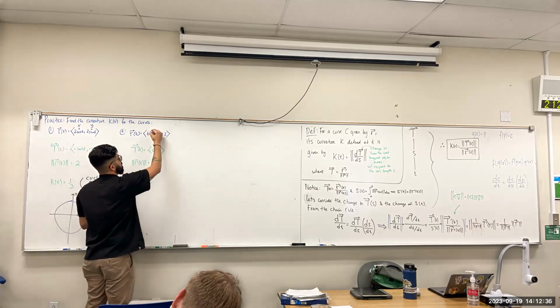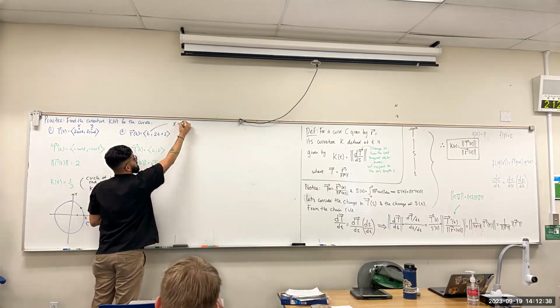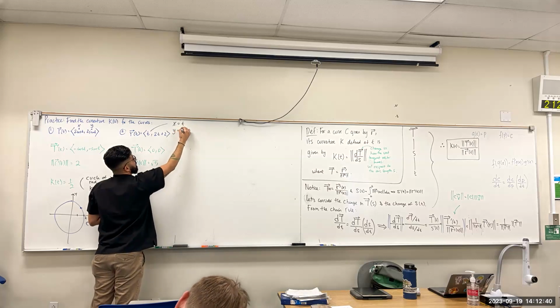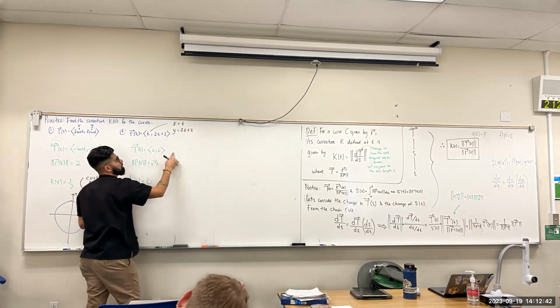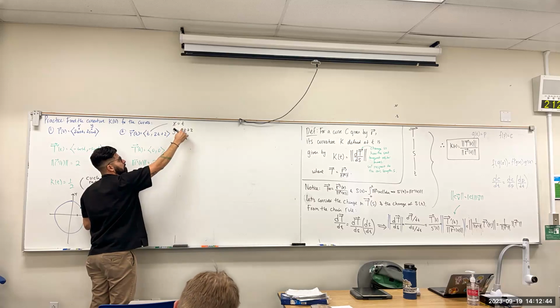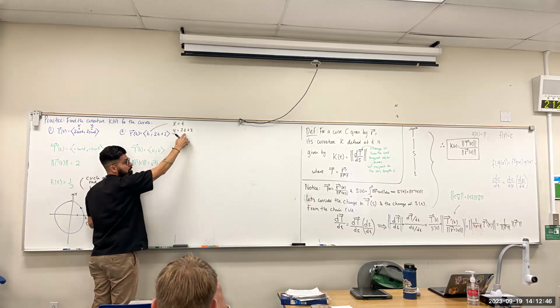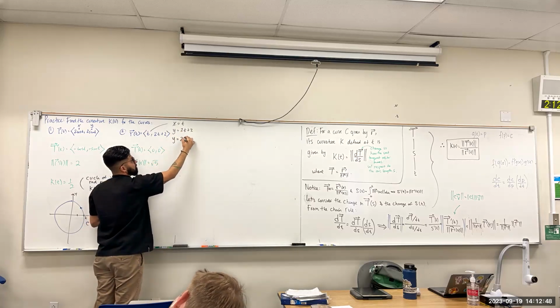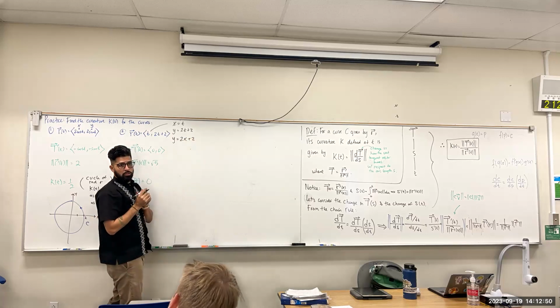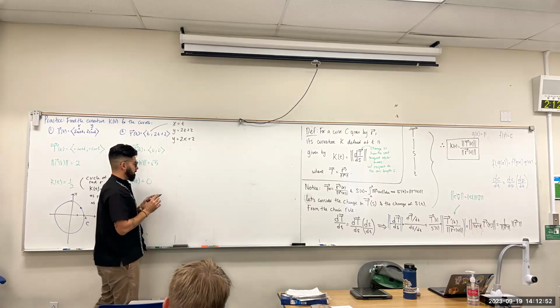And so what I want you guys to notice, here x is equal to t and y is equal to 2t plus 2. So see how you can substitute the x in here for t? That's just the linear equation 2x plus 2. Okay?